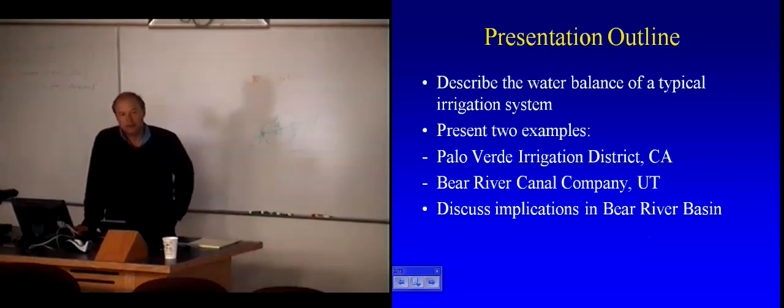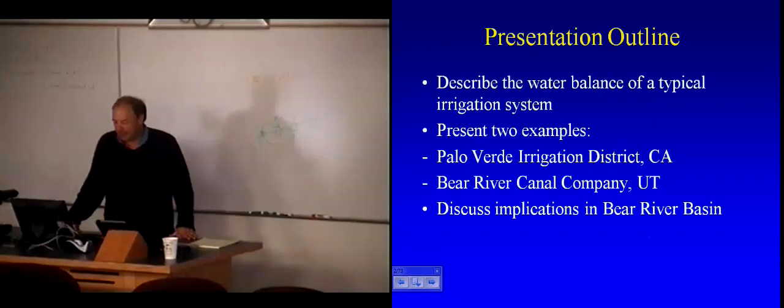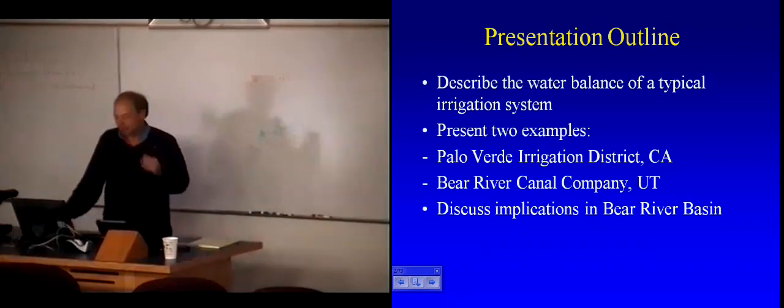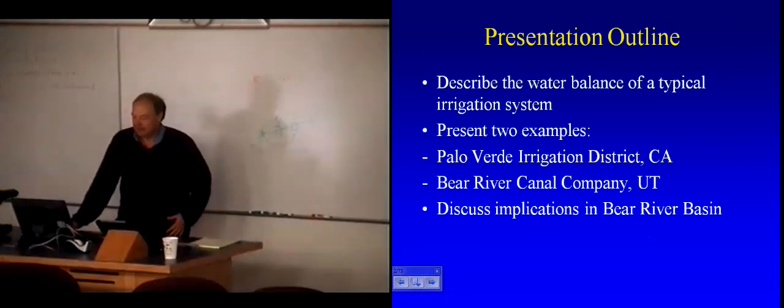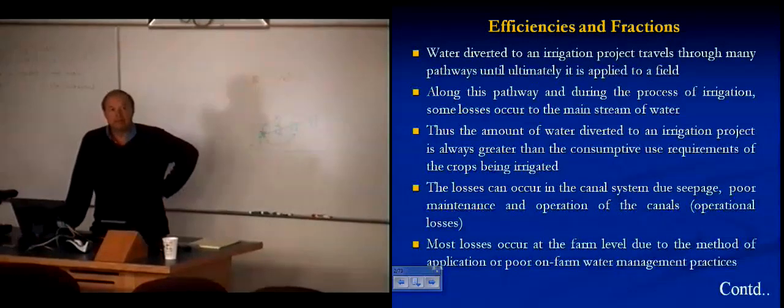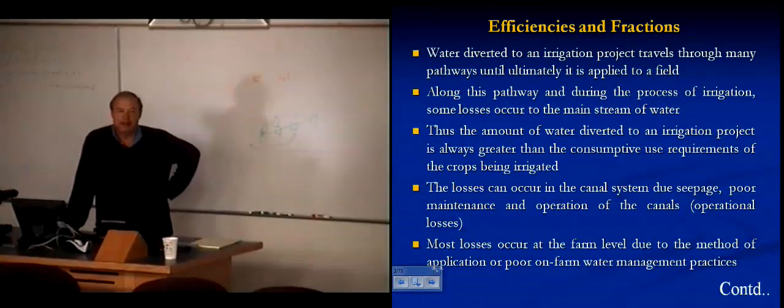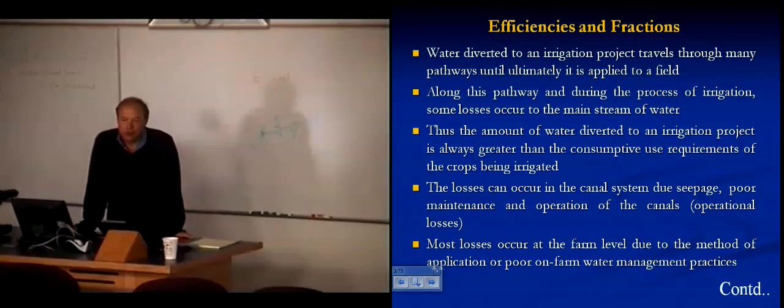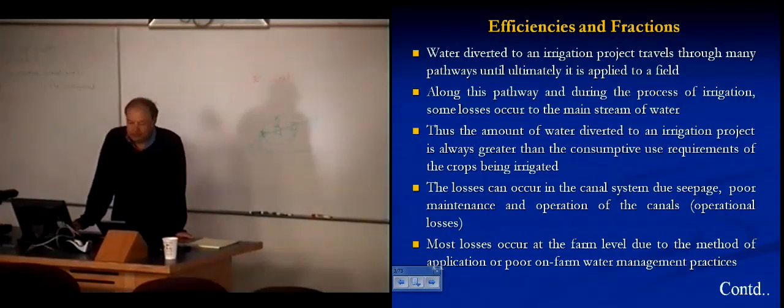And operational spills, meaning in order to avoid overtopping of the canal, there are outlets that allow the water to spill into a drain and go back to the river system. So these are non-consumptive losses, because even though the water was in the irrigation system, it's going to make its way back.